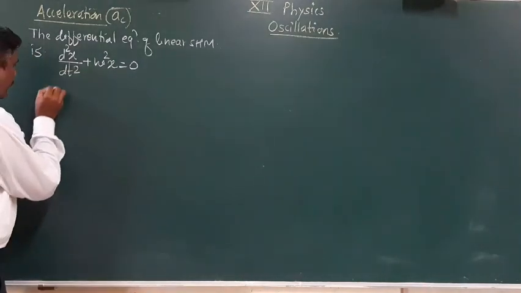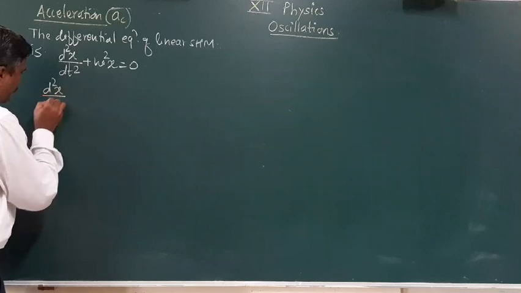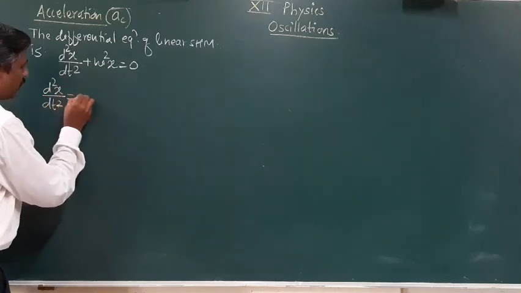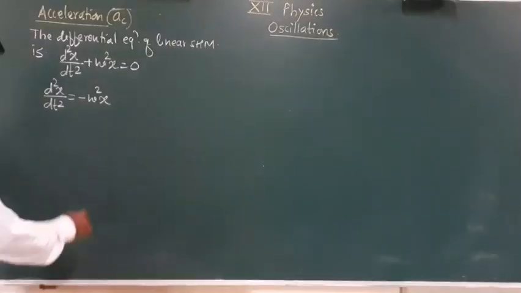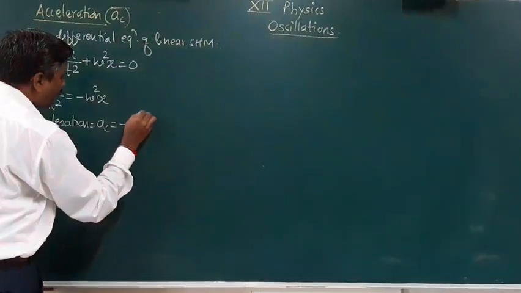So I am writing d2x by dt square equals minus omega square into x, or simply the acceleration of a particle performing SHM is given by the formula minus omega square into x.